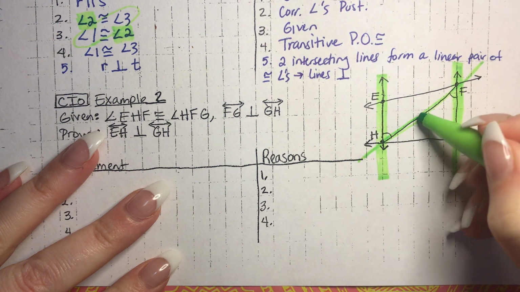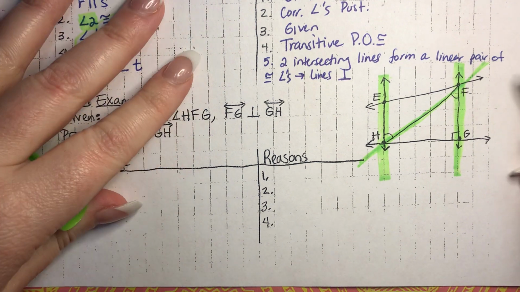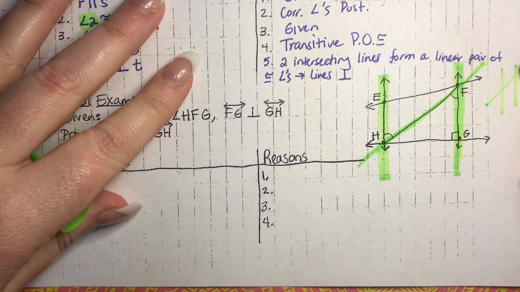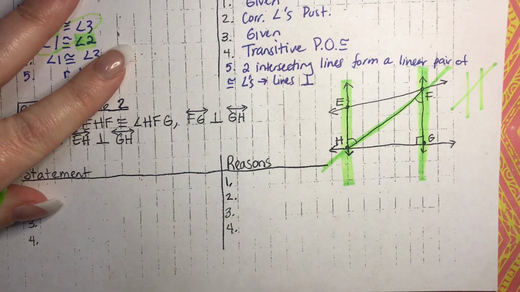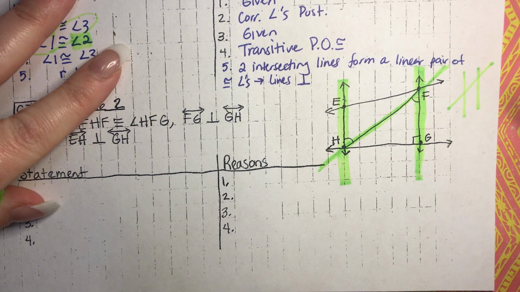If you can start to see, I really have something that looks like that, okay? Which is exactly what we've been dealing with, right? Two lines and a transversal.